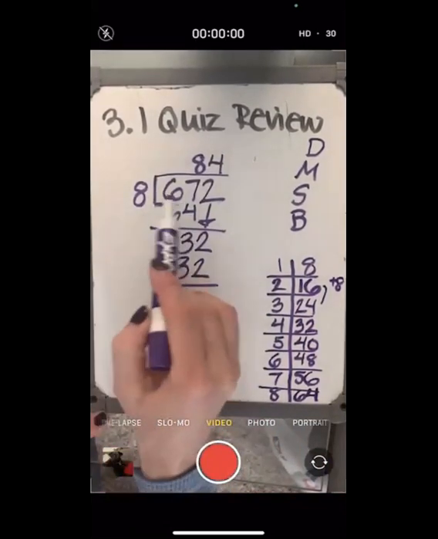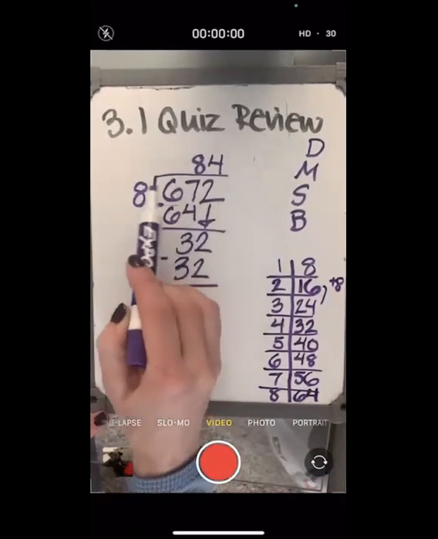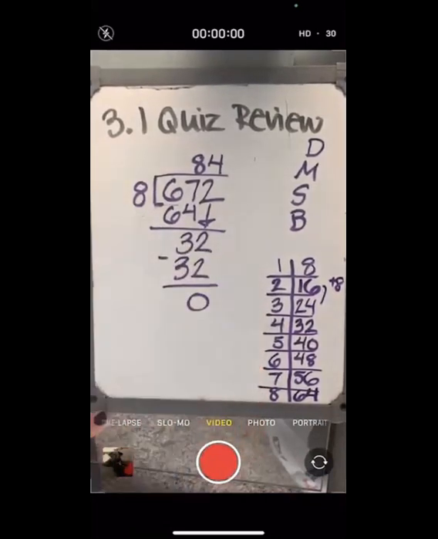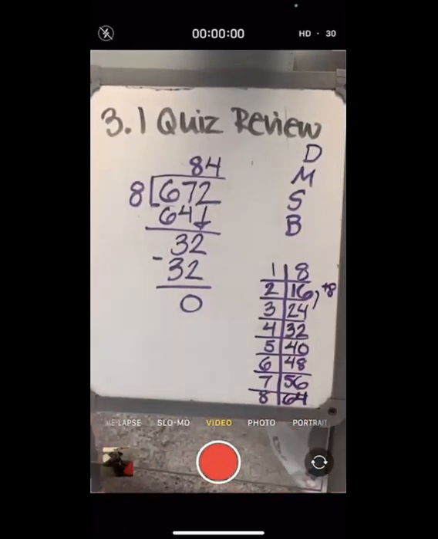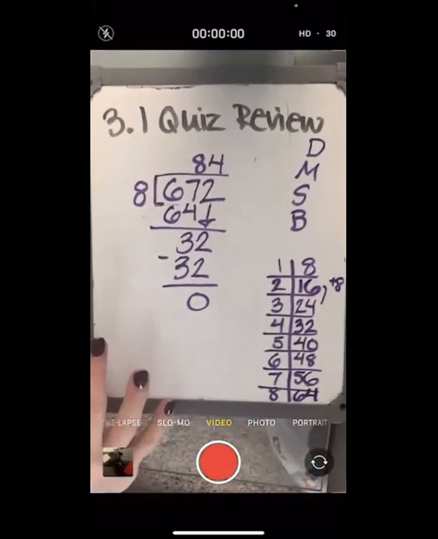Because I'm dividing everything by 8. I'm dividing 67 by 8. I'm dividing 32 by 8. Once I have this, I can use it to reference any problem. So it's very, very helpful. And again, if you're feeling stuck, add 8, add 8, add 8.